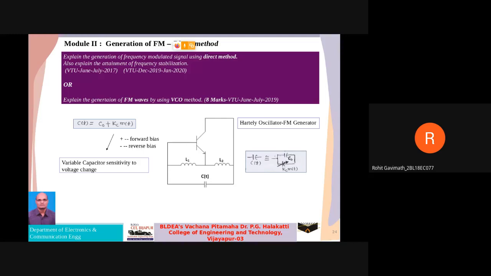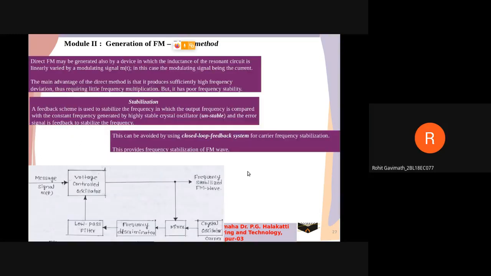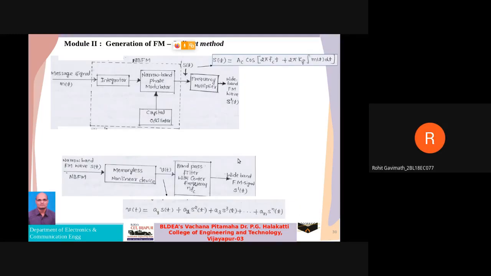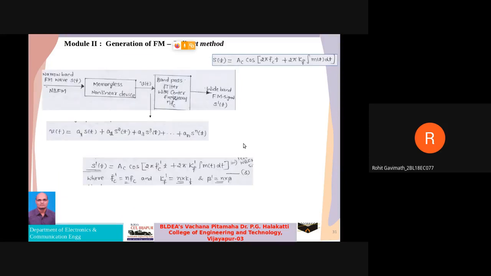No, sir, not this, sir. Is this FM generation or Narrowband FM derivation part, sir? S of t equal to A_c cos 2 pi f_c t minus A_c beta delta, that one you are asking? See, the previous slide, sir. Derivation, sir.